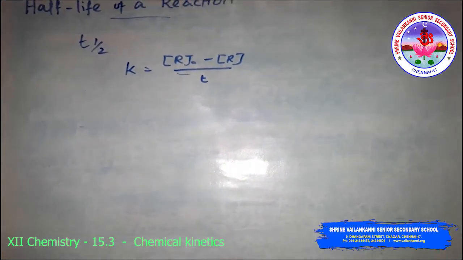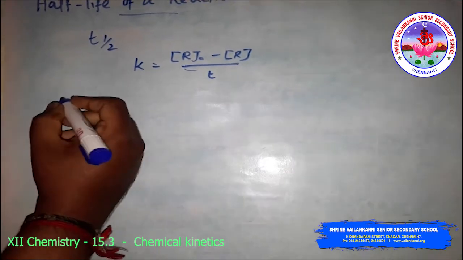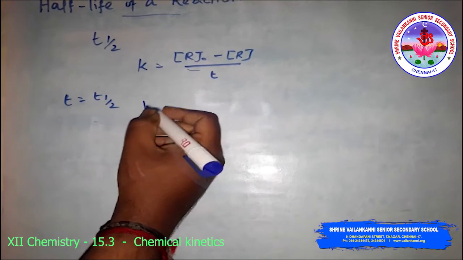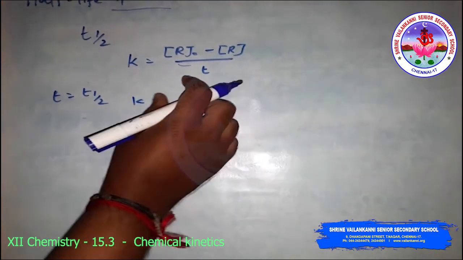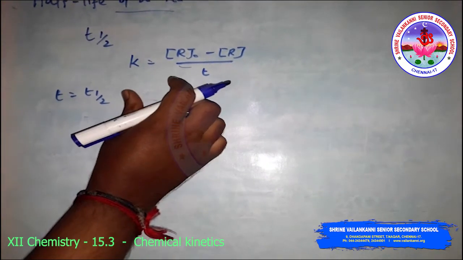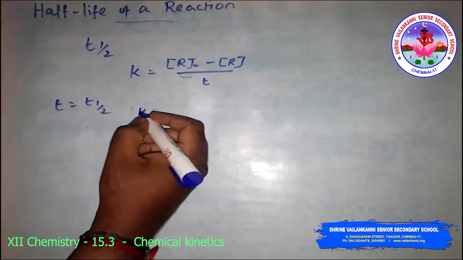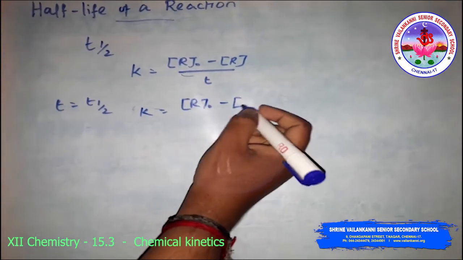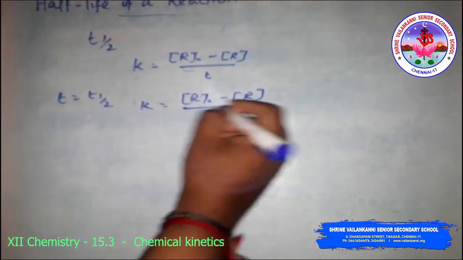At t equal to t half, k is equal to [R]0 minus [R] divided by t half.